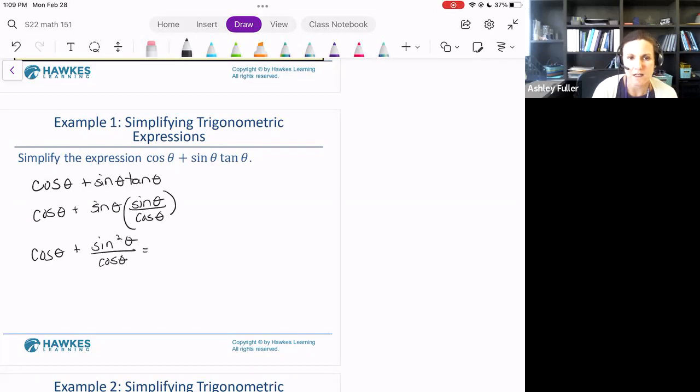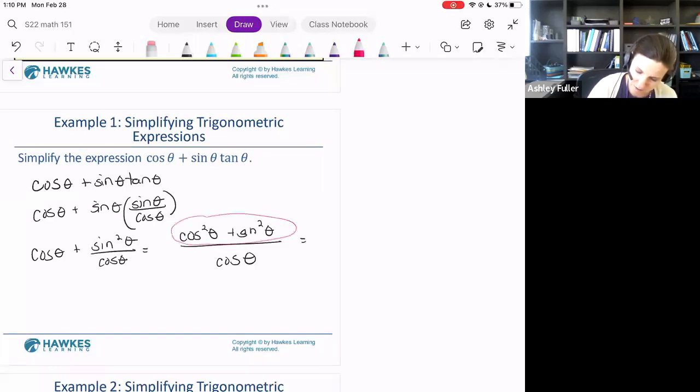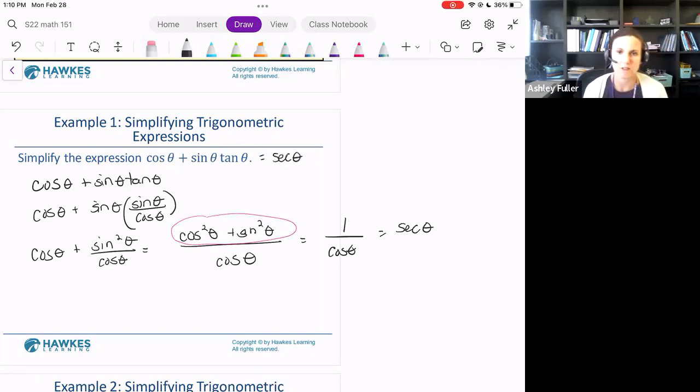And then finding a common denominator, this becomes cosine squared of theta plus sine squared theta over cosine theta. And remember, this is one of our identities from the Pythagorean identities. So this becomes 1 over the cosine of theta or the secant of theta, which is much simpler than that original relationship we had.